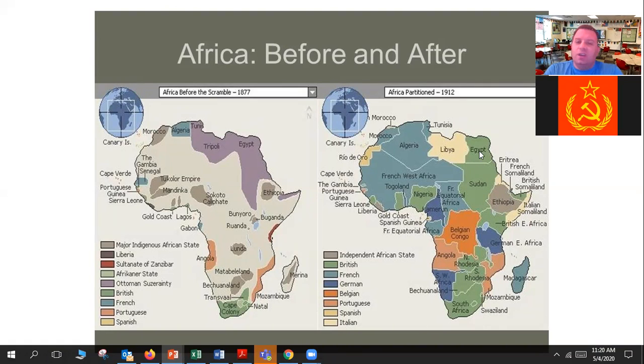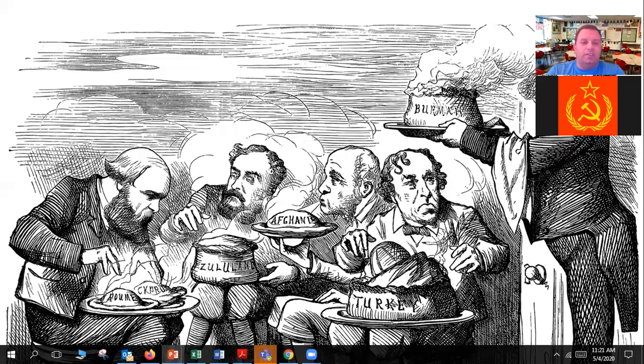And so the British gain a whole lot of territory. They're the ones here in olive green. You've got the French up here in the northwest. You even have the Germans, and then of course the Belgians, your pal King Leopold, and the rubber colonies down there in the Congo. So Africa really gets carved up during this era.